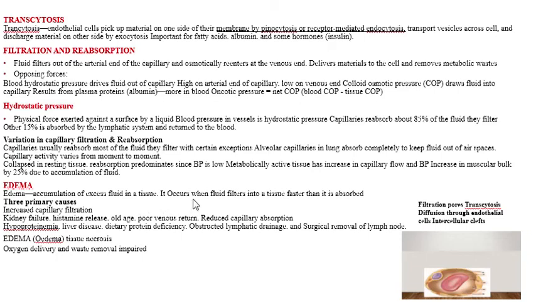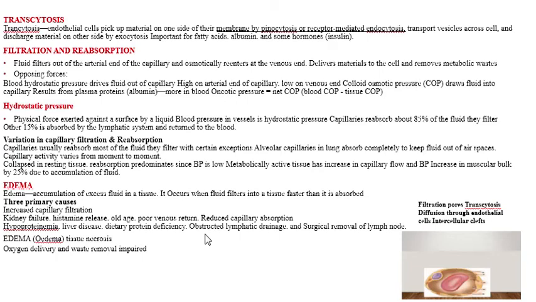So capillary absorption decreases. Hypoproteinemia: when a patient has a low level of protein inside the blood, the term is hypoproteinemia, due to, for example, liver disease, a kidney problem, or malnutrition, or a problem inside the GI tract, so the protein decreases. Usually in hypoproteinemia the albumin is less than normal; it should be more than 3 or 4 grams per deciliter. Obstruction of lymphatic drainage, I will talk about lymphatics: surgical removal of lymph nodes causes lymphatic obstruction, and it may reach elephantiasis, because the leg becomes very, very big.